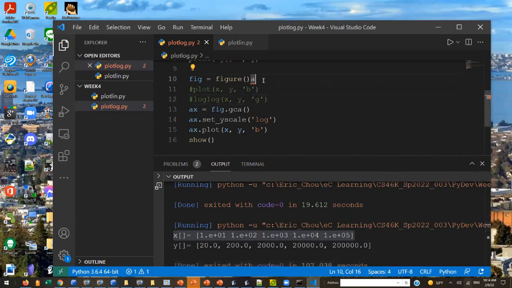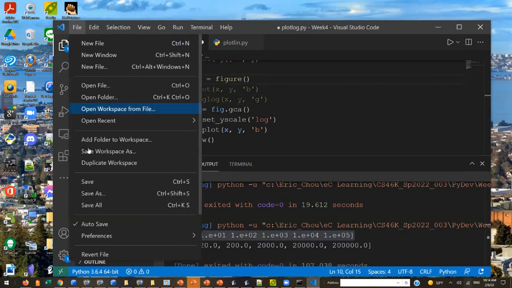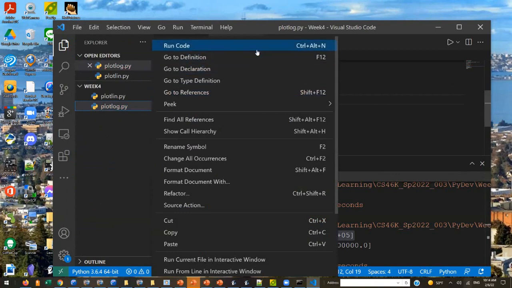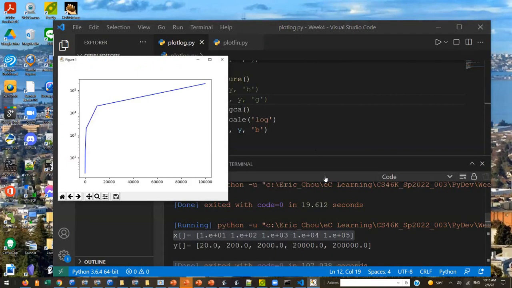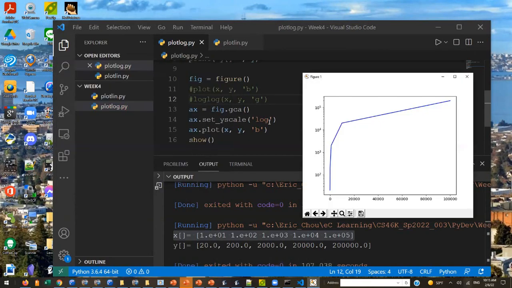Oh, I'm sorry, here I have a typo. So this one is a linear log scale. Let me try this way. This is actually a little bit complicated now.